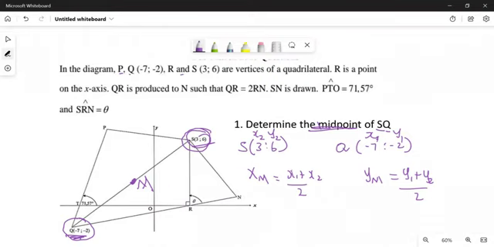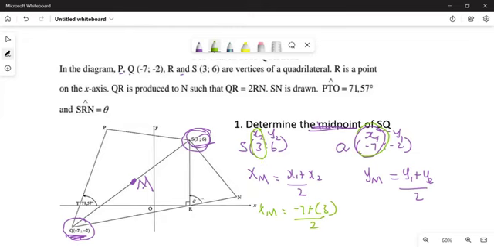So X1 we've already chosen. Based on what we chose, X1 is going to be equal to -7. So X at the midpoint is going to be given by -7 plus, we chose this one to be 3, all over 2.